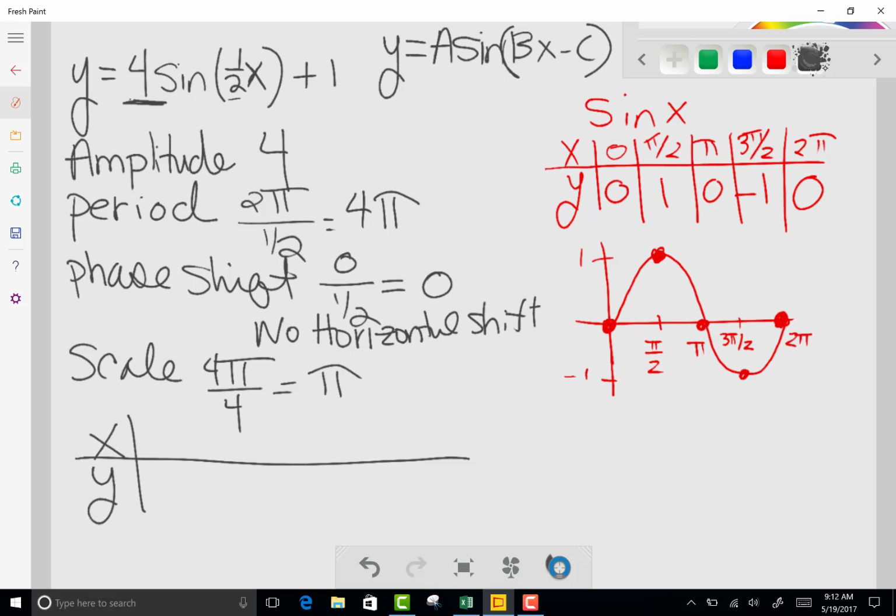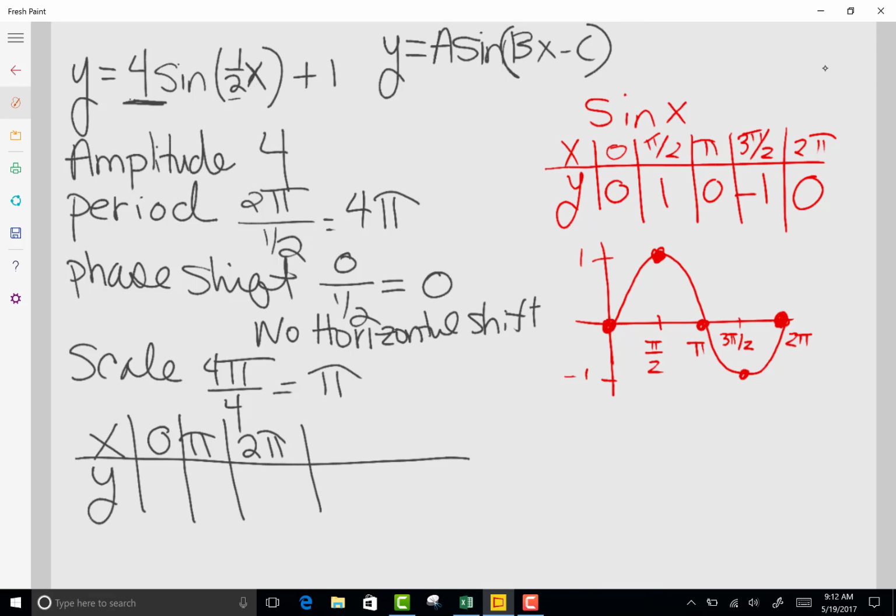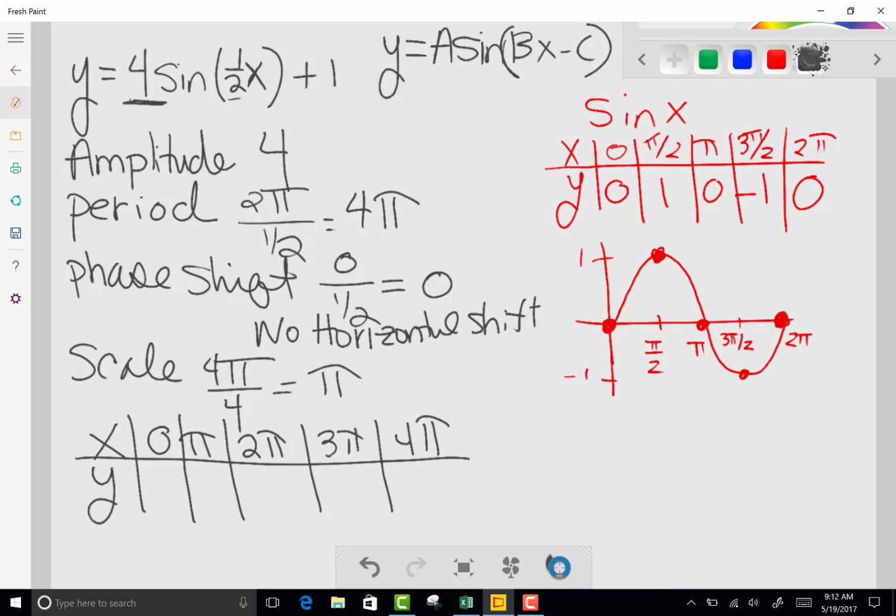I'm going to start at 0 since there's no phase shift here, and then I'm going to keep adding pi to get my key points. So my second key point is pi, then 2 pi, then 3 pi, and then 4 pi. So I start at 0, I go to 4 pi, and I break it up into intervals of pi.